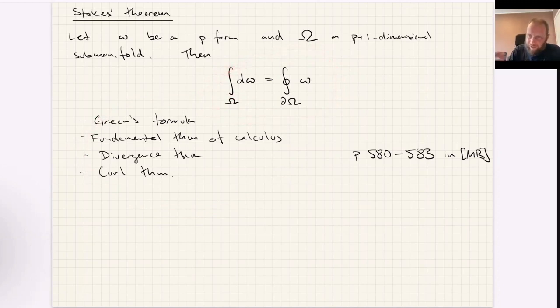And you see that the idea is the same as in all of those. You have something that you integrate over a boundary, and then this is equal to the integral over the entire region of some derivative of that. For example, think of some closed surface. You integrate a flux over a closed surface.